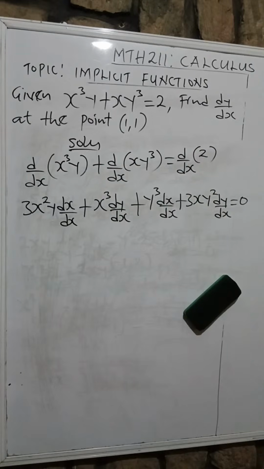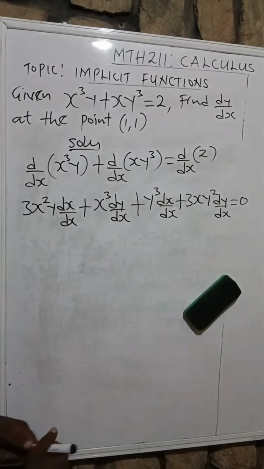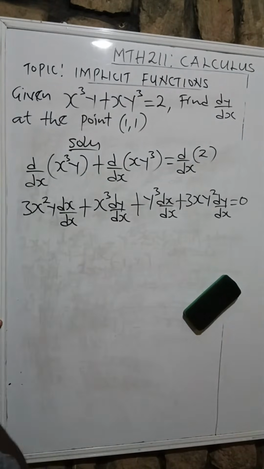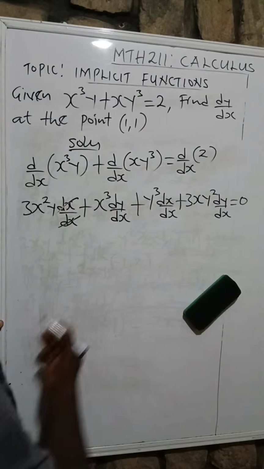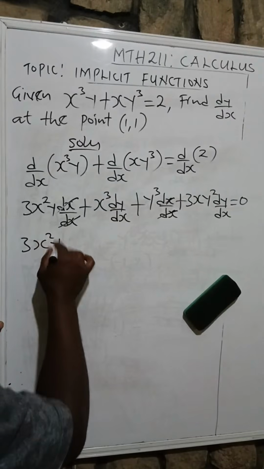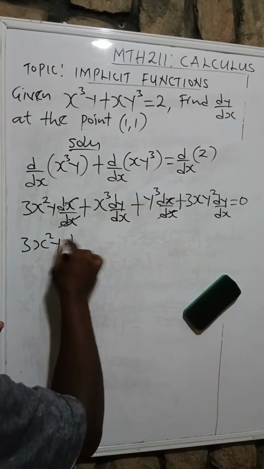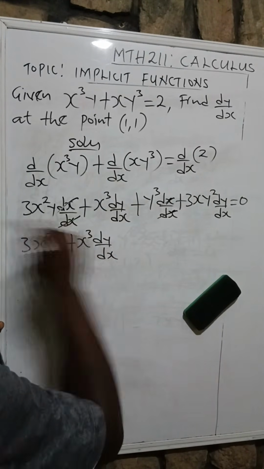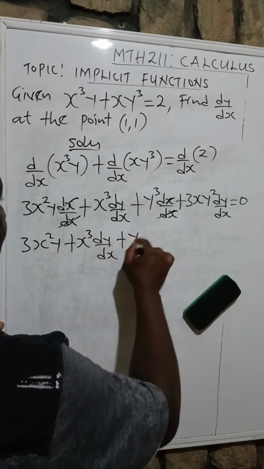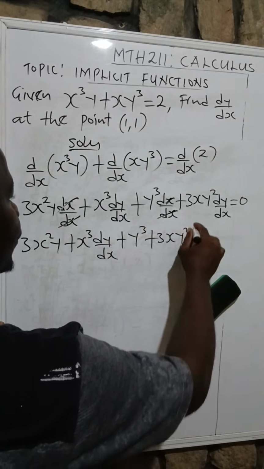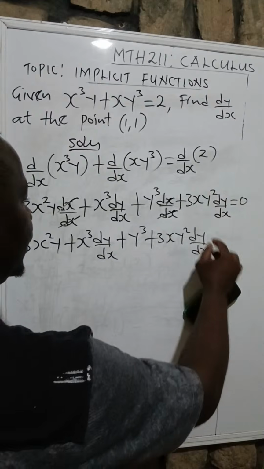Okay, so let's proceed further. If you can see what I am saying, look at the board. This and this will go. So we'll have 3x squared y, then plus x raised to power 3 dy over dx, then plus y cubed plus 3xy squared dy over dx, isn't it?